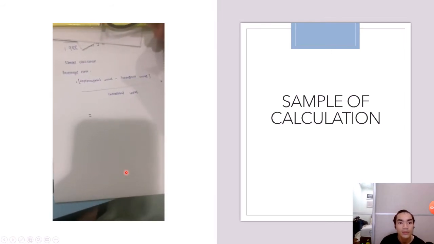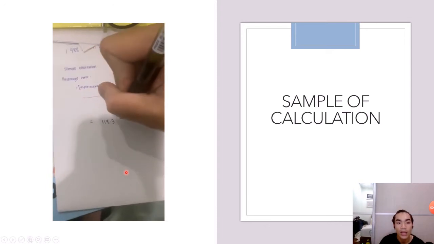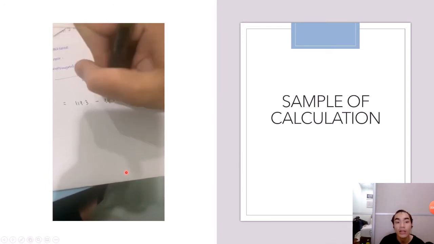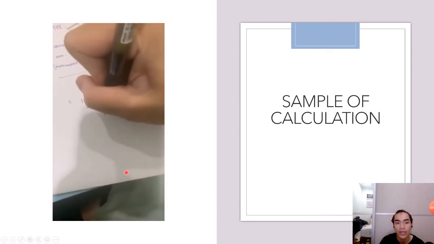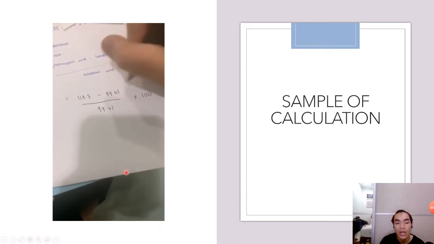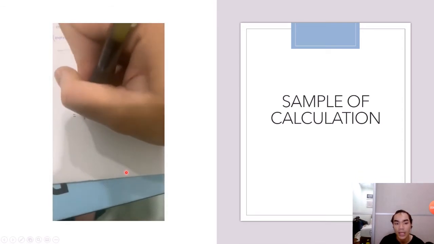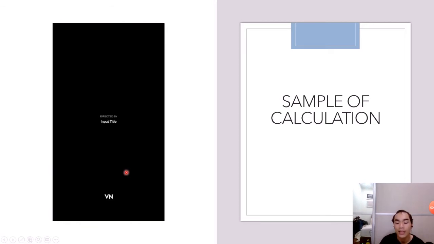The equation is experimental value minus theoretical value, divided by theoretical value. So what I did there is 119.3 minus 99.61, divided by 99.61, times 100. The error is 90.77%.